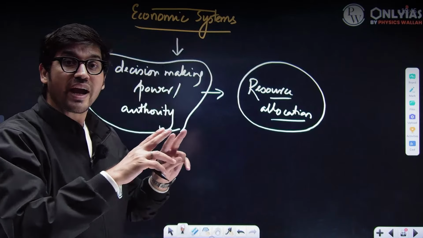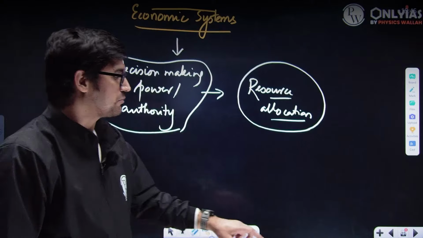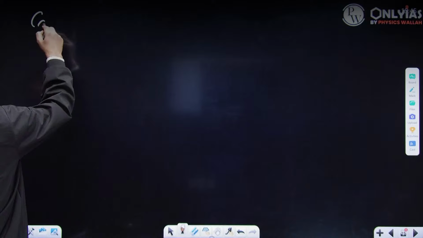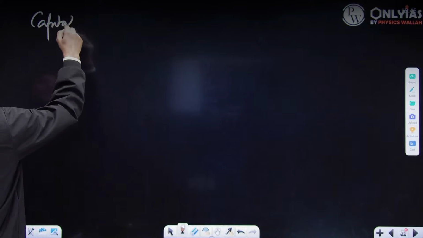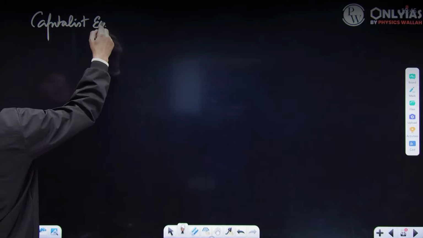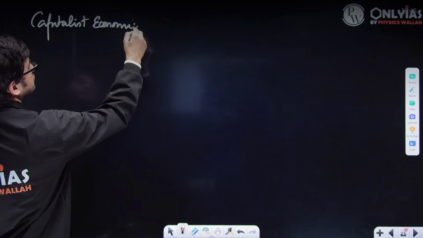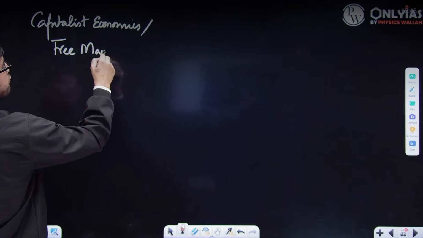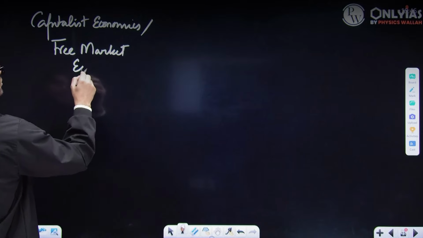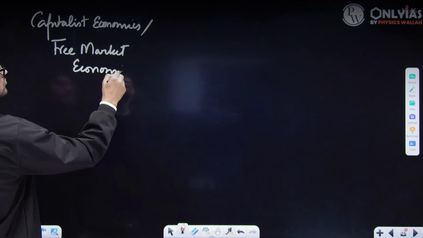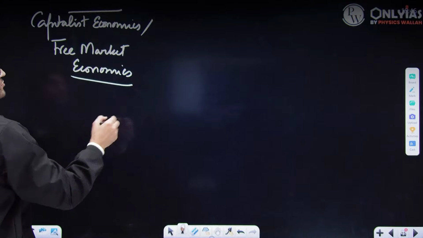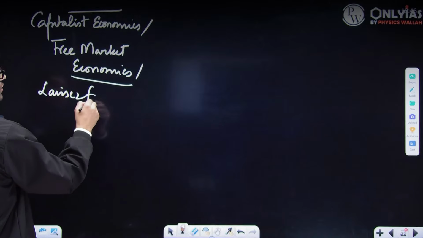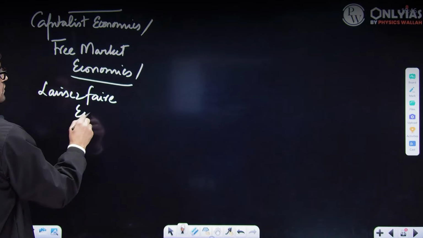Now there are two extremes of economic systems. You have economies which you call capitalist economies, also called free market economies, also called laissez-faire economies.